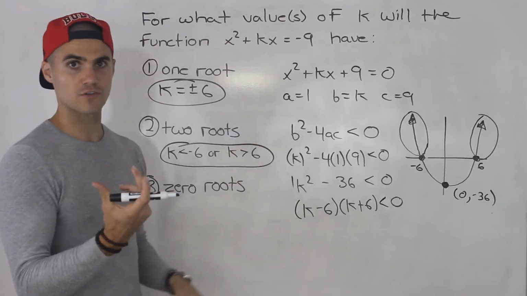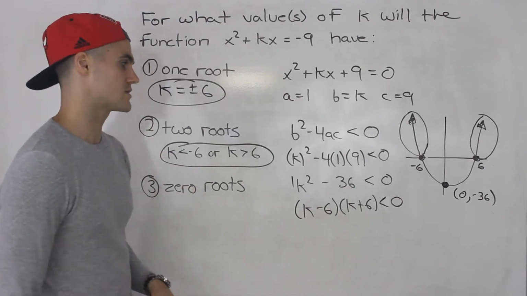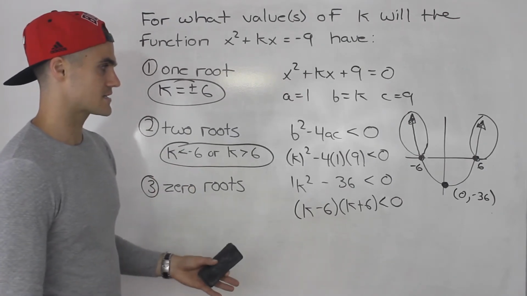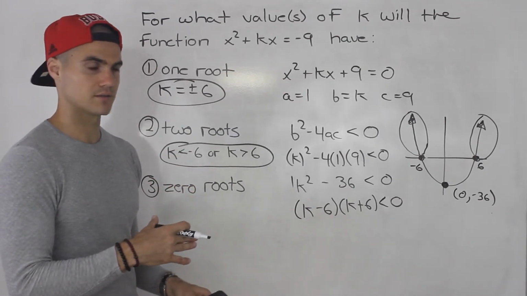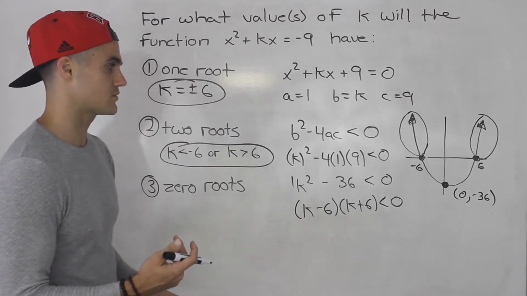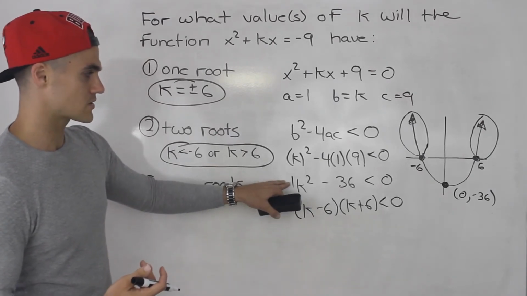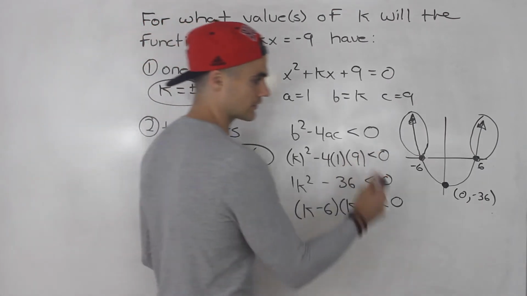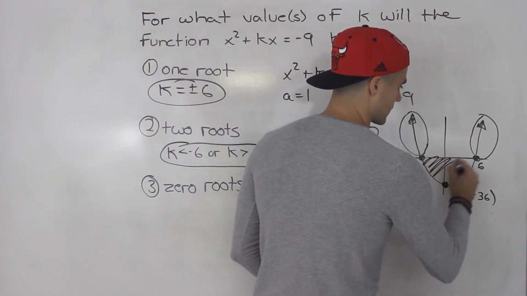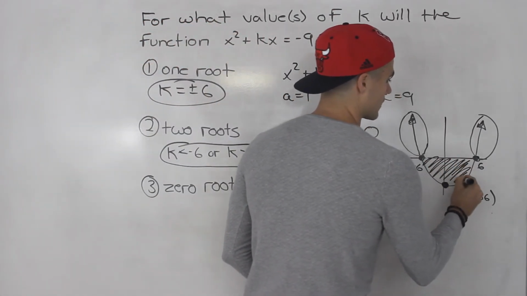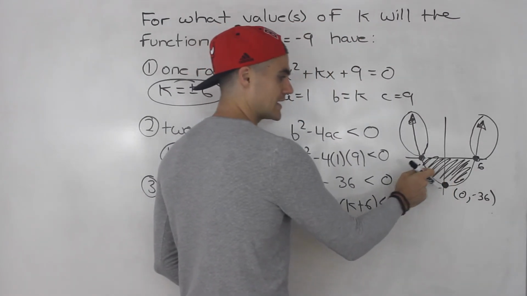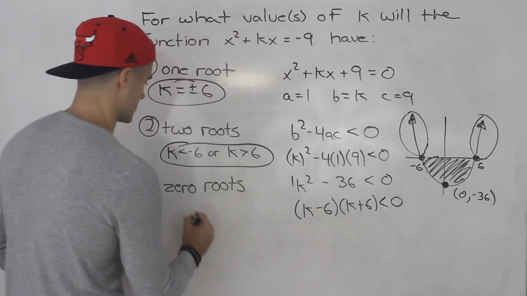It's just the portion of the quadratic formula that's under the square root. So if it's less than 0, we can't square root it, and that means there's not going to be any solutions. So basically, when is this quadratic less than 0? Well, if we look at the graph, it's less than 0 in this region right here. So basically when k is between -6 and +6.